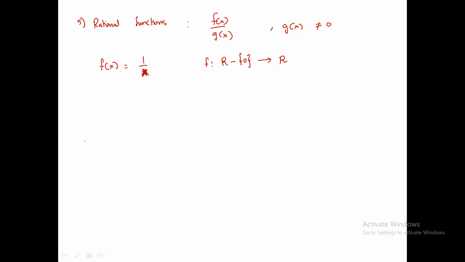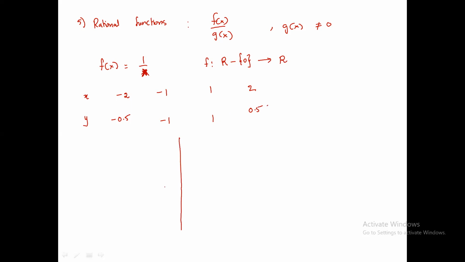So first you can plot the table. You can take values of x and y. If you take the value of x as -2, y will be minus 0.5. If x is -1, y will be -1. X can't be 0. If x is 1, y will be 1. If x is 2, y will be 0.5.